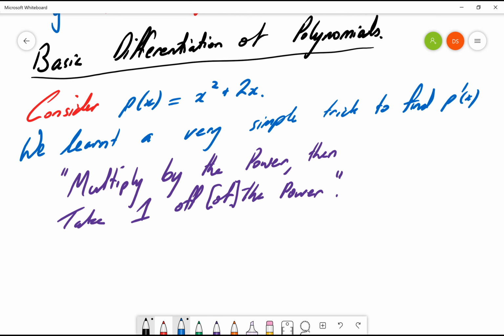Let's try it. The derivative of this, for each term, multiply by the power. So the power here is 2, so x squared becomes 2x because I've multiplied by the power, and 2 minus 1 is 1. And then the power here was 1, so multiply by the power, so it's just 2x to the power of 0, and we sort of skip that and we write this is just 2x and this is just 2.